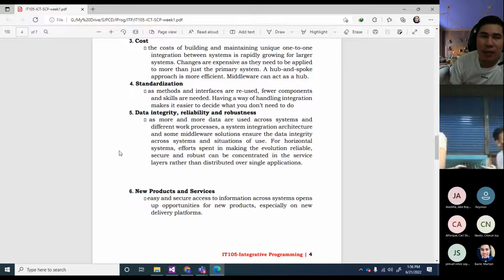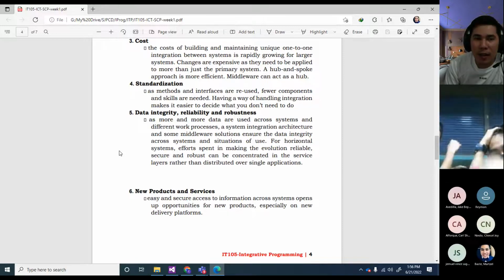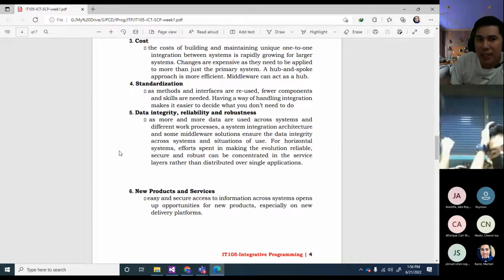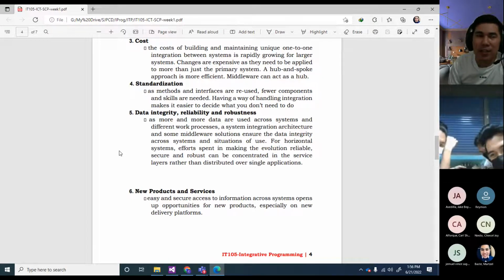For instance, we have IBM, we have Apple, we have Microsoft, but they all follow IEEE, the international electronics standardization, in such a way that every hardware device should be common to each other. Common in a sense that the A in Apple would be the same as the A in IBM. So that's what we call standardization.